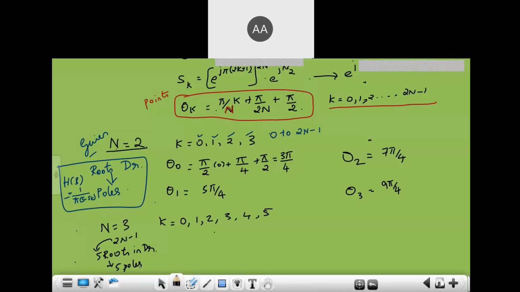So what are the values of theta naught, theta 1? You can find out and write and keep. Why I am asking you to write and keep, you will understand. Theta naught, theta 1, theta 2, theta 3, theta 4, theta 5.